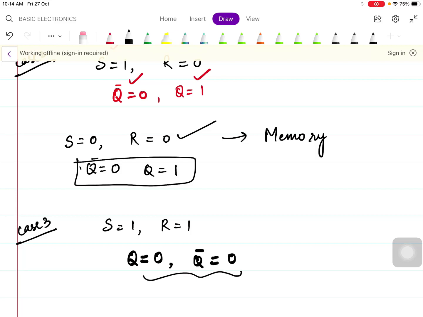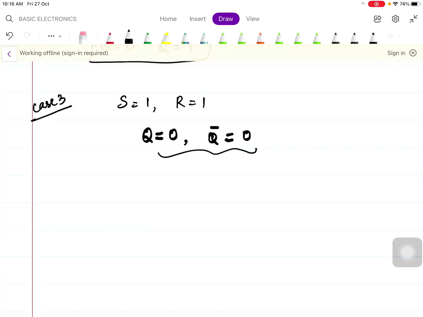It's a big problem because both can't be 0 at the same time, as one is Q and the other is the complement of Q. They should not come out the same. That is why, when S and R are both equal to 1, this is a not used condition.